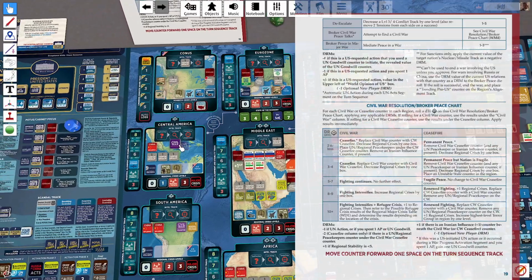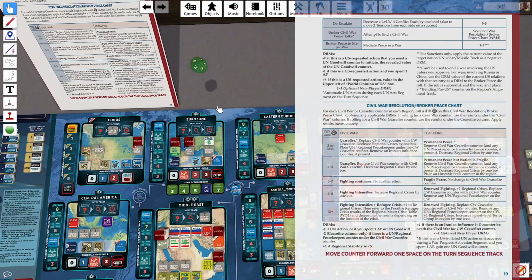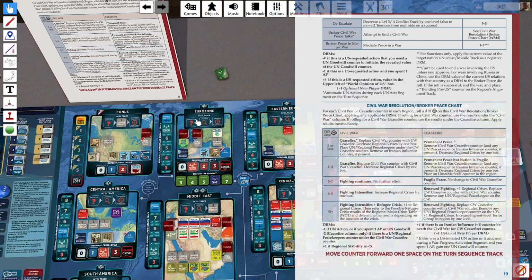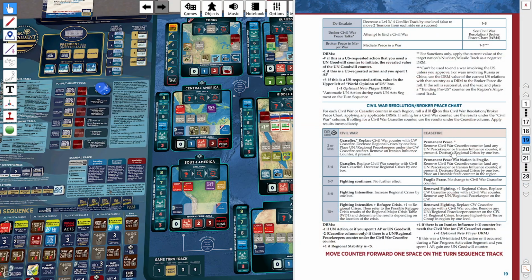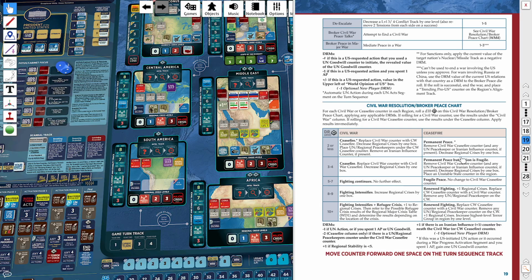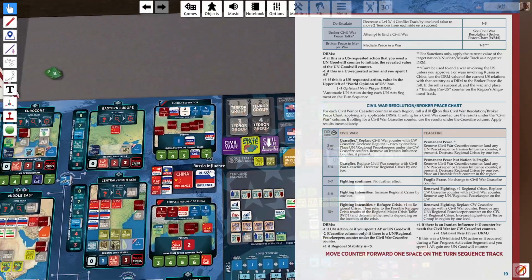This becomes a civil war again. Now we'll do this one. This gets a -2. Stability's at 5. Permanent peace. Decrease regional crisis by 1. Civil war is gone.